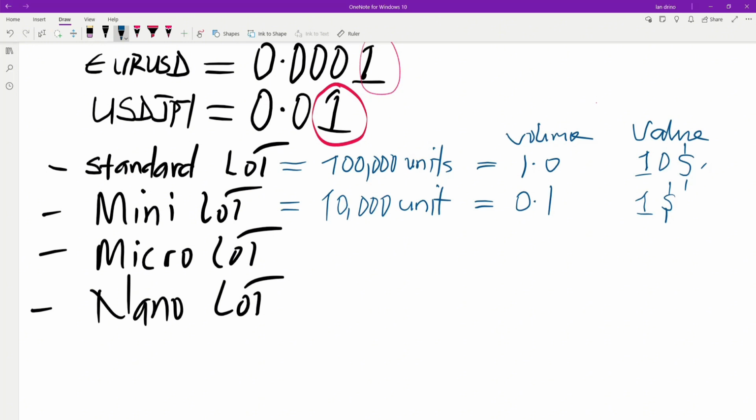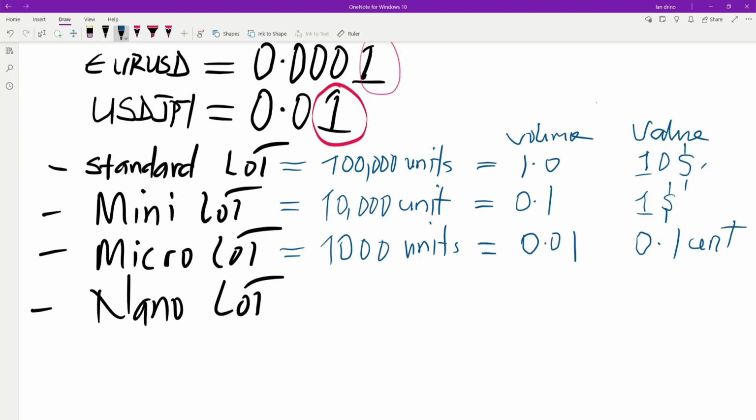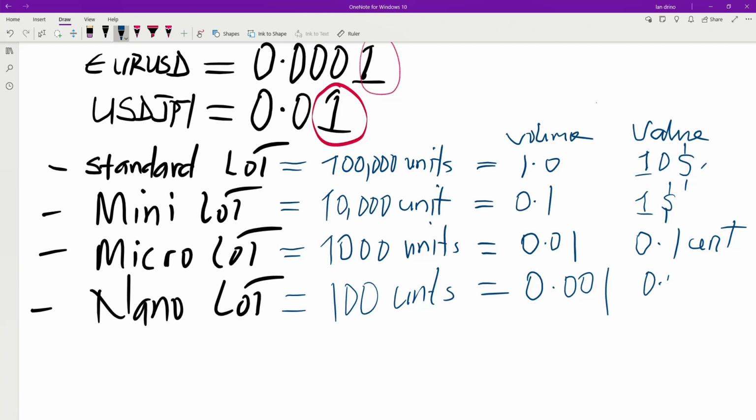We also say that for a micro account, you are controlling a position of 1,000 units of base currency, and the trading volume is always equivalent to 0.01, and the value per PIP is always equivalent to 1 United States cent or 1 cent. We said for a nano account is always equivalent to 100 units of base currency, and the trading volume is always 0.001, and the value per PIP is always 0.01. Okay, now we are going to pay attention to how all of these values are gotten in this episode.